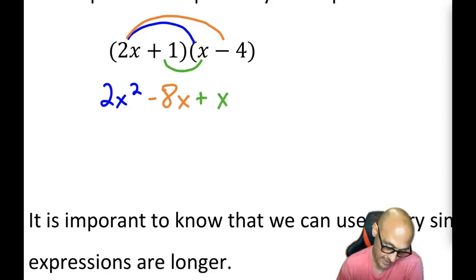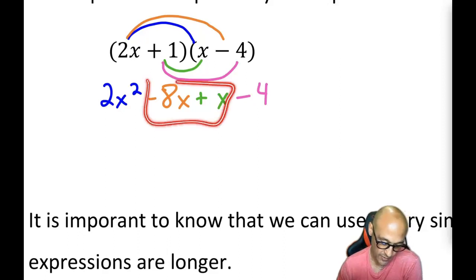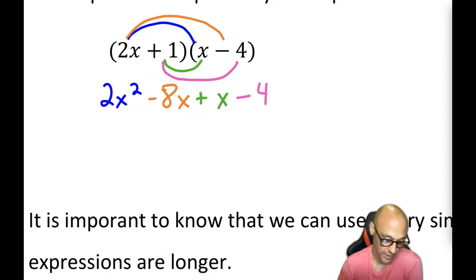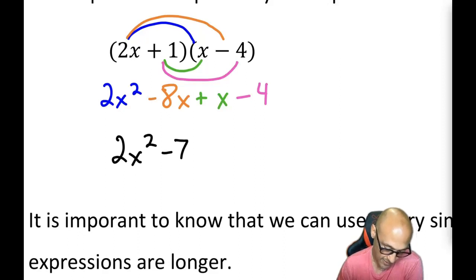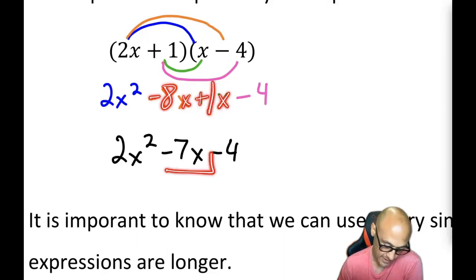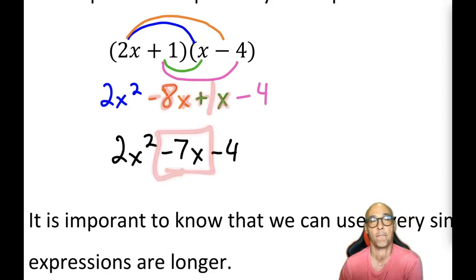And lasts, positive 1 times negative 4 is negative 4. Now, it's a good idea to notice that these are two x terms, so they can be combined together. And when we combine them, we will just have 2x squared minus 7x minus 4. Because negative 8x, when I combine it with a positive 1x, is negative 7x.